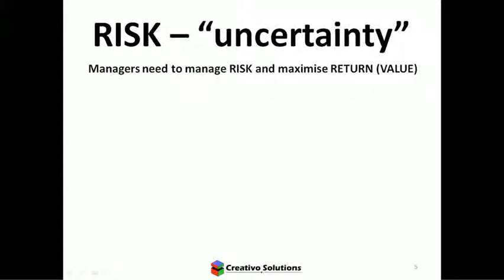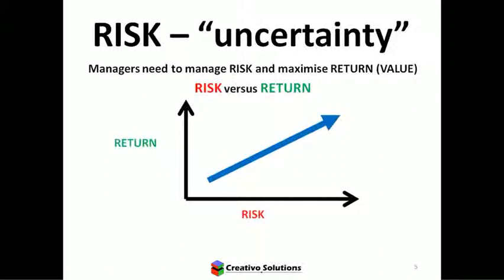So when looking at the relationship between risk and return, there's a linear relationship which is upward sloping. If the financial manager is going to be taking on more risk, they would hope for a bigger return, because the risk and the return need to be attractive enough in order to justify taking that risk.